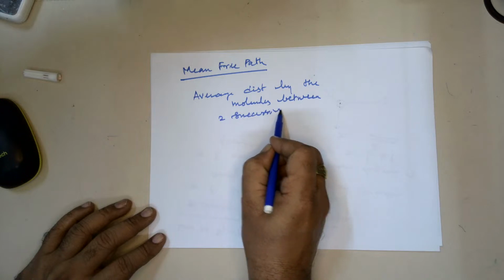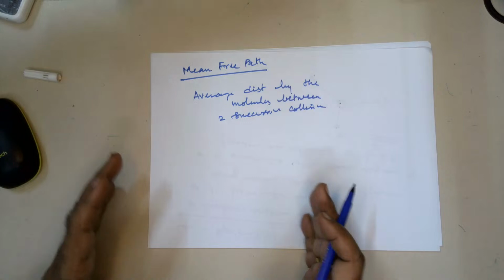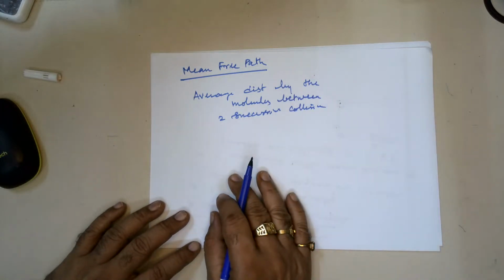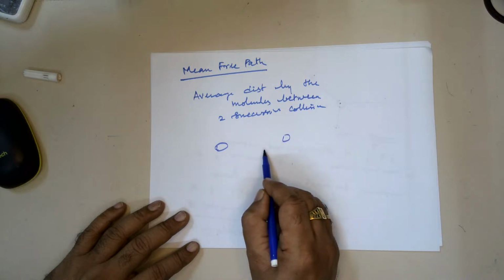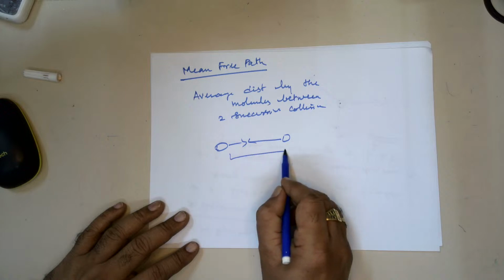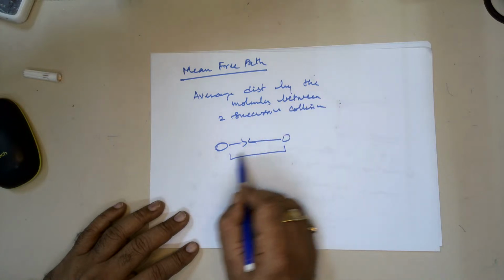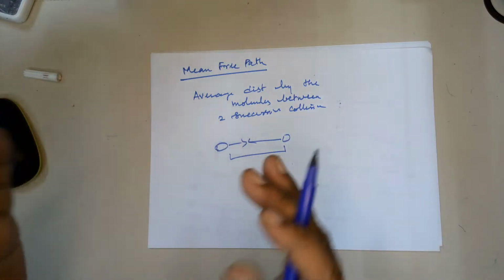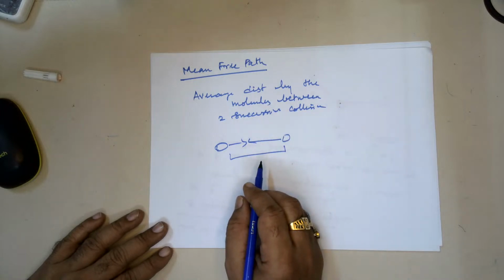We already discussed that pressure is exerted by the collision of molecules among themselves and with the wall of the container. So let me consider molecule 1 and molecule 2. They are going to collide with each other. So what is the average distance traveled by these molecules to have this collision successively, next to next?